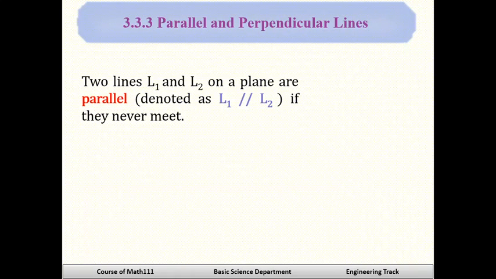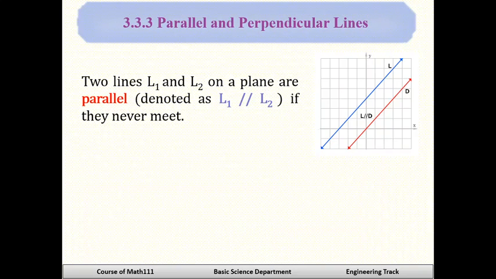Now, if two lines never meet, here is another definition: if they do not intersect, then we call them parallel lines.